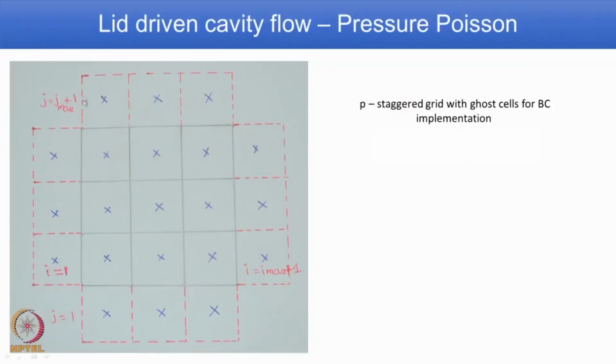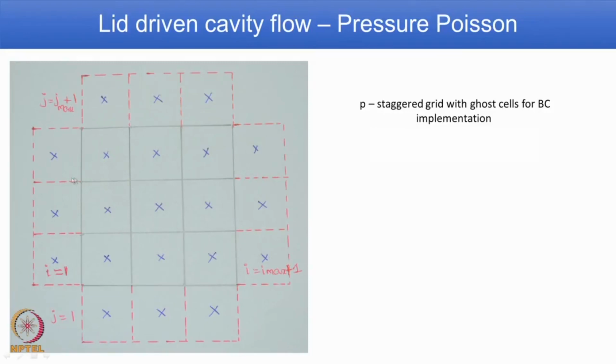Because we are following staggered grid arrangement of variable storage, we need to have one extra grid on either side for the respective equation, and pressure is at the center of the cell in the staggered grid arrangement. So, we have ghost grid as well as ghost cell on all the sides, that is both in x as well as in y, and those are shown by this red color line.